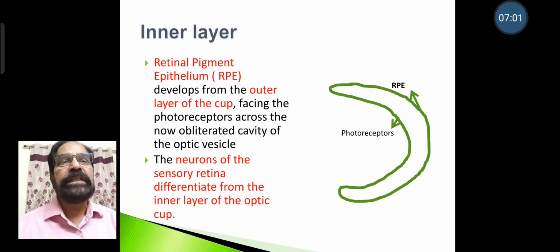Retinal pigment epithelium, which is on the outer side, develops from the outer layer of the cup, facing photoreceptors across the narrow obliterated cavity of the optic vesicle. The neurons of sensory retina differentiate from the inner layer of the optic cup, that is, bipolar, ganglion and photoreceptor cells all develop from the inner layer.